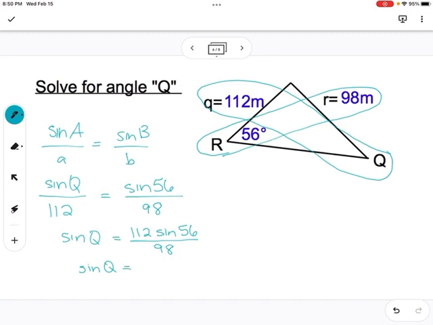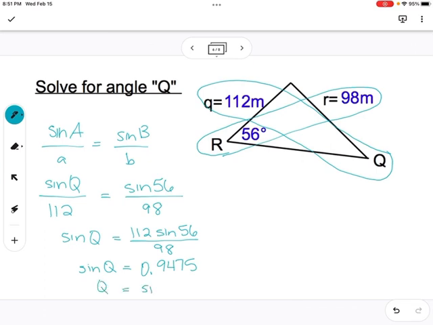Okay, in your calculator, 56 sine times 112 equals, divided by 98, and we get 0.9475. And now to solve for angle Q, we need to move sine to the other side. A reminder, when we move sine to the other side, it becomes a sine inverse.